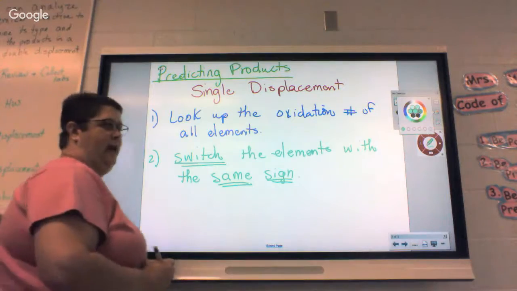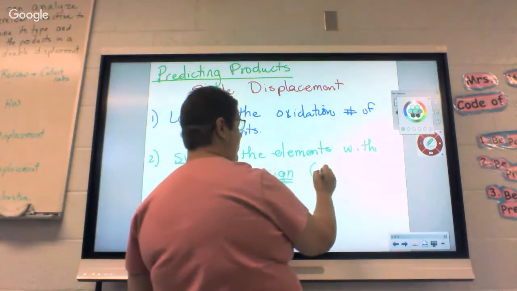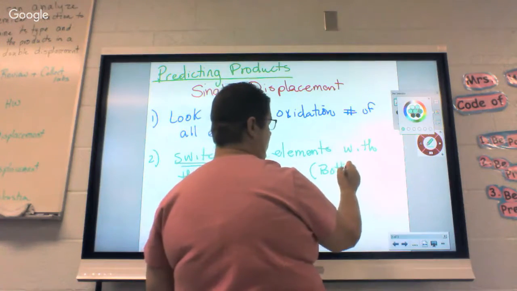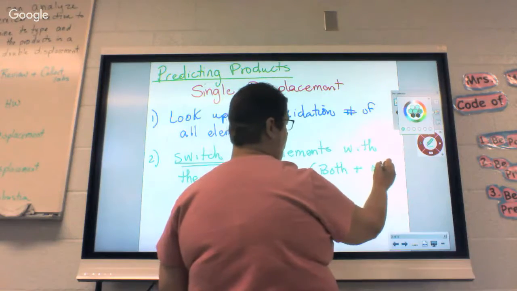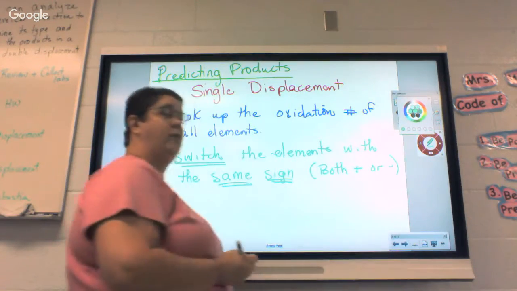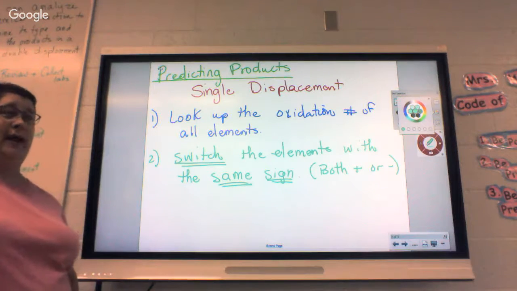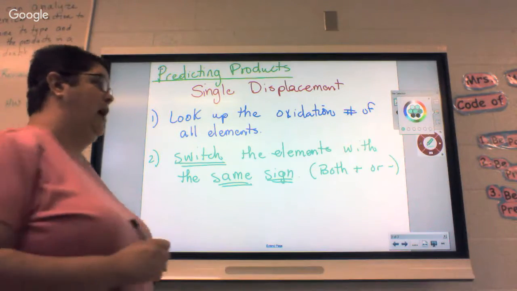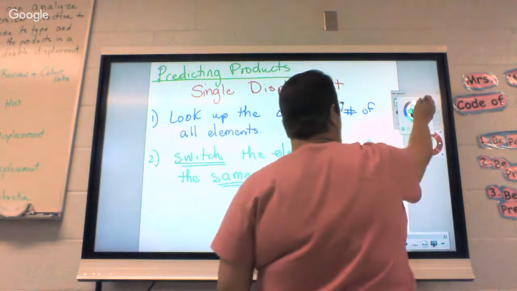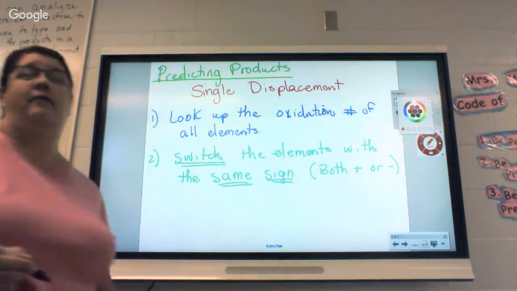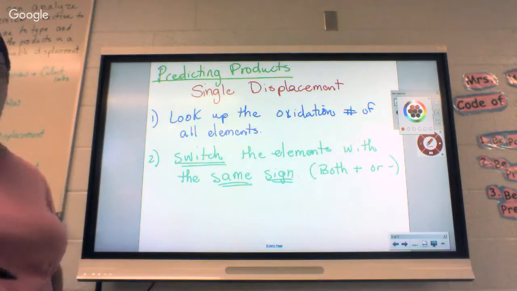Now, by saying sign, I mean both positive or negative. You're either going to have two that are positive or two that are negative. You're not going to have both. Now, when we get to double displacement, you'll have two that are positive and two that are negative. That's how it's different.